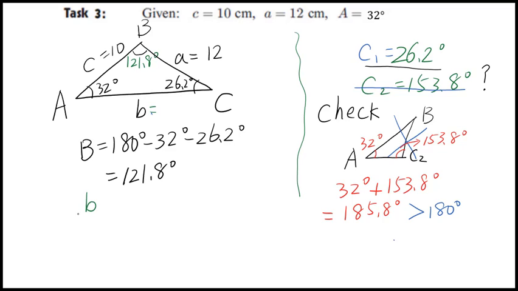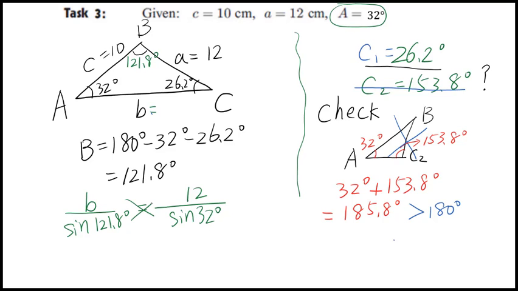So we will do the B over sine 121.8 degree equals. You can use A or C. Normally we use A because for this angle is given, is more accurate than 26.2. So I will use 12 over sine 32 degree.